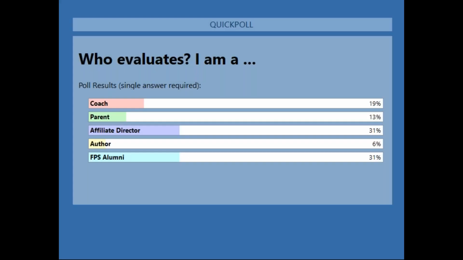Okay, according to our poll, 19% of you are coaches, 13% are parents, 31% of our group is affiliate directors. We do have an author or two with us, and we have a significant number of alumni with us. So as you can see, our group is very diverse, and that makes the feedback to students excellent. Oh, I also see someone, Natalie, who is both a parent and an author.